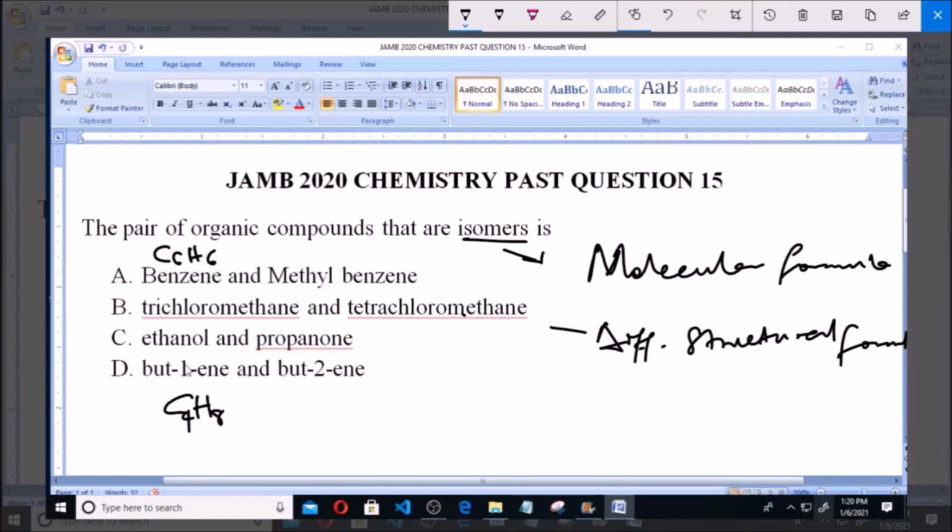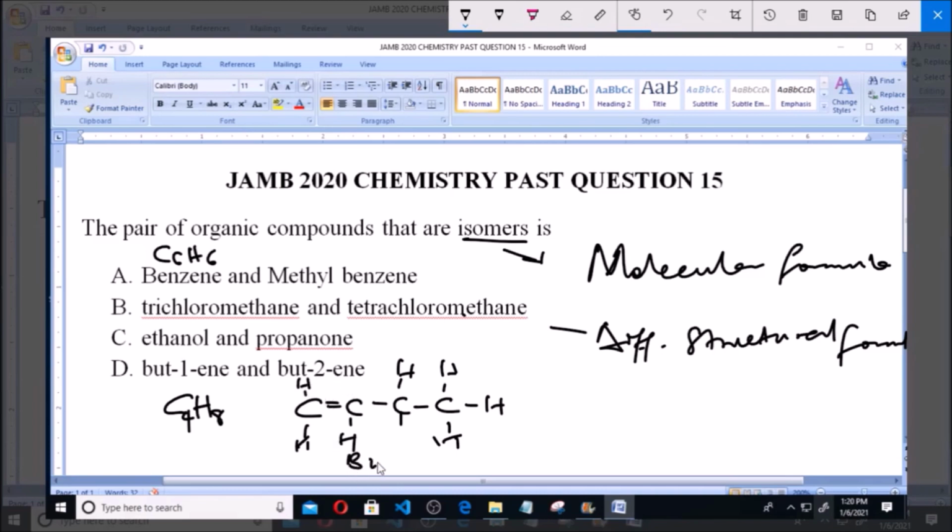C4H8. But their structural formula is different in the sense that for but-1-ene you have the double bond attached to the first carbon atom, and the rest, then you have your hydrogens.